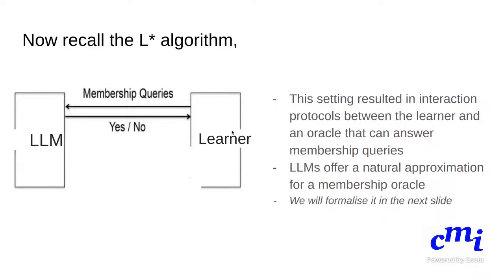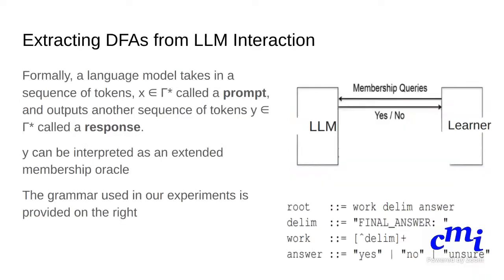Then, as a learner, you ask the membership query: is the given path in this example a valid path? The LLM will answer yes or no, or, as we'll see, this paper has also used the option of unsure. We'll see in the next slide how it would look. So, to formalize the DFA interaction.